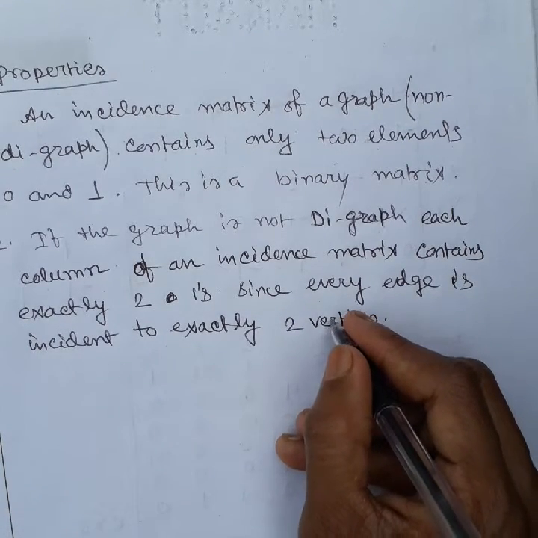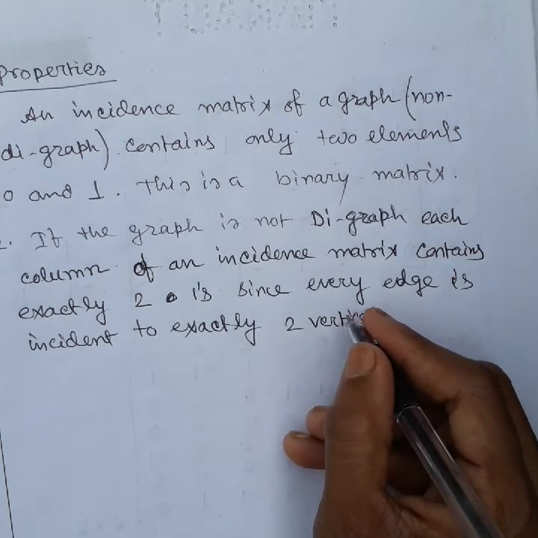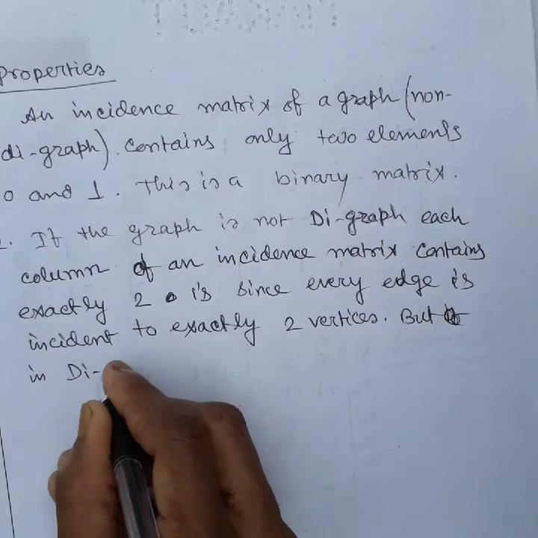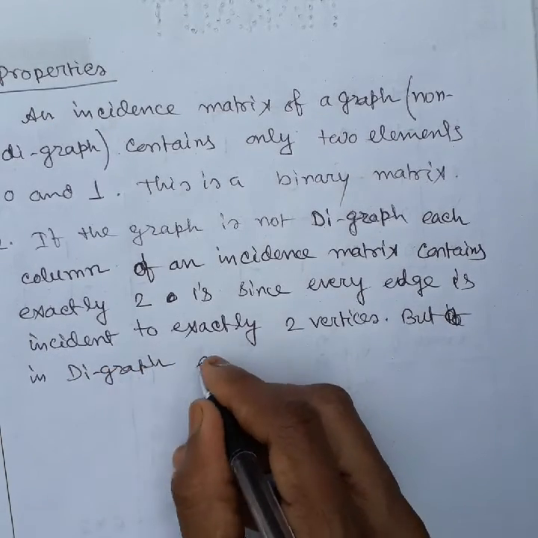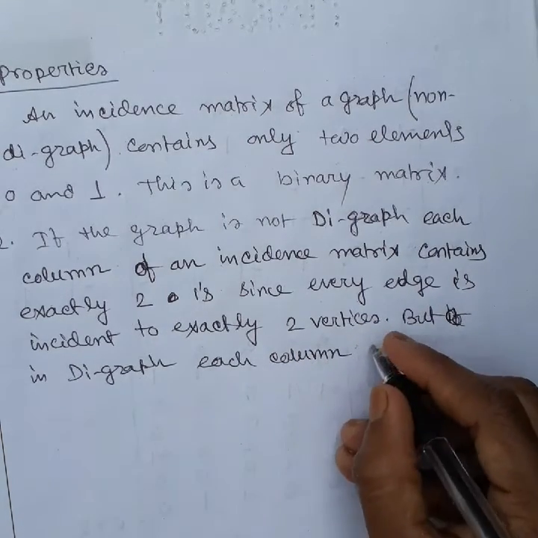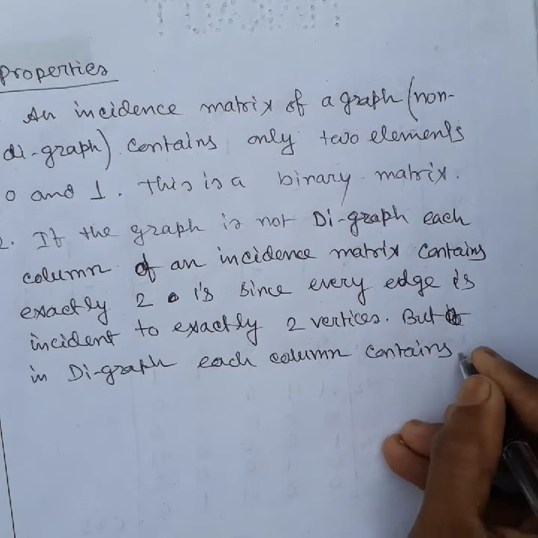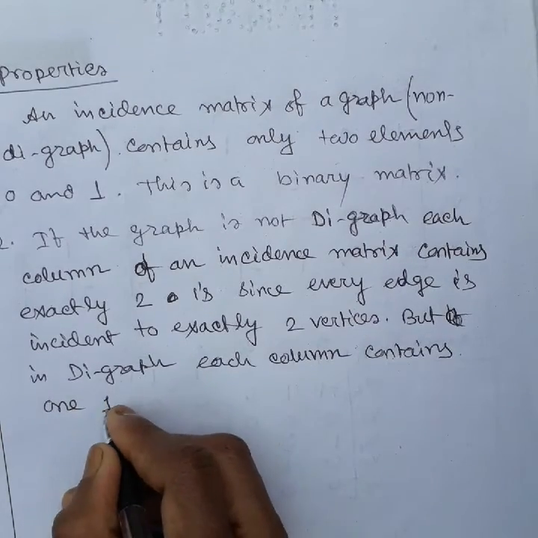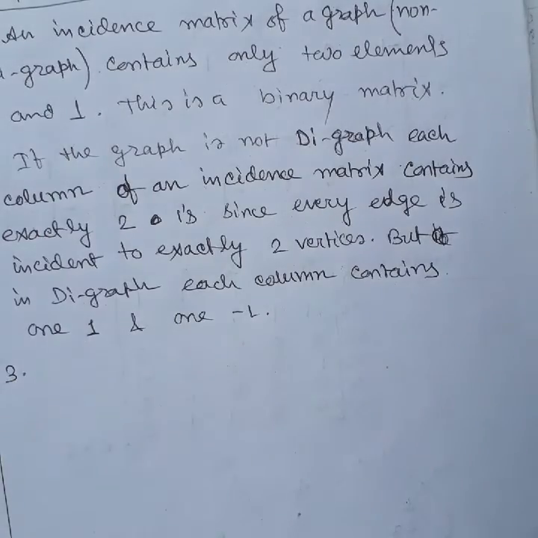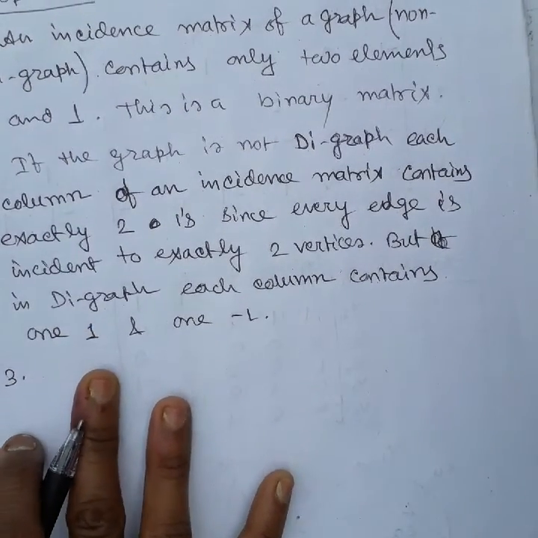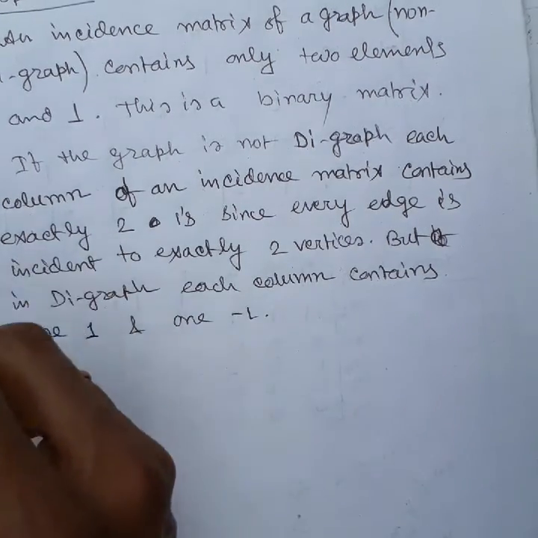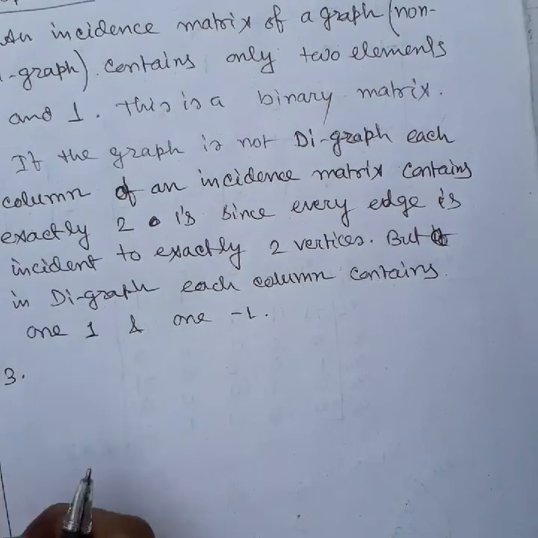Okay, that means each column consists of two ones. But in the digraph each column contains +1 and -1. That means if in your problems each column contains more than two ones, then it will be wrong.